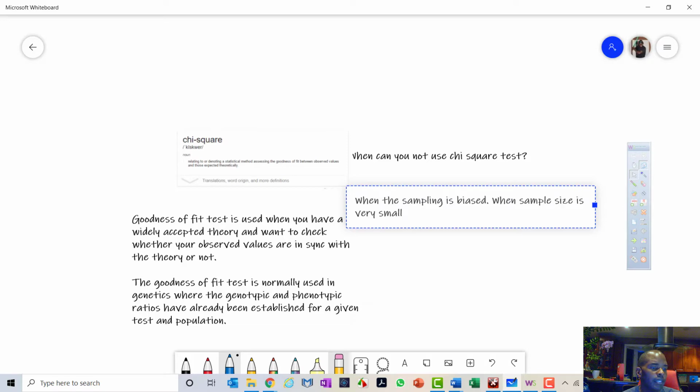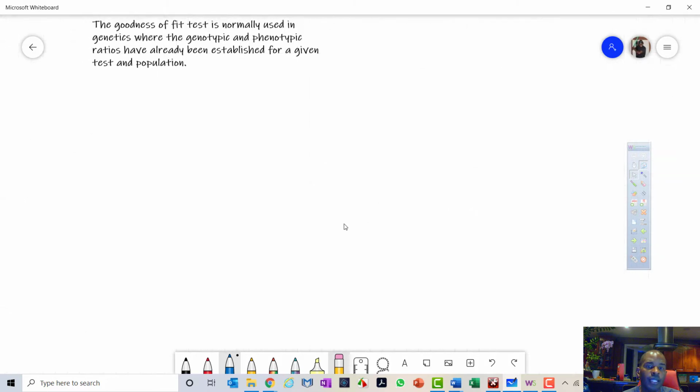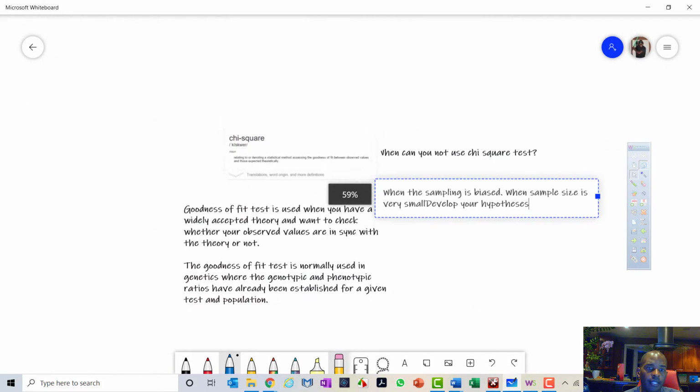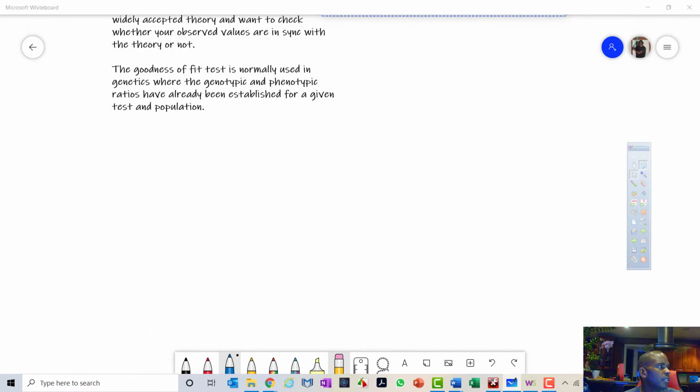All right. Now, when we run the Chi-Square test, it's a science process. So the first thing that we do is we develop our hypothesis. So we've talked about this before in science.